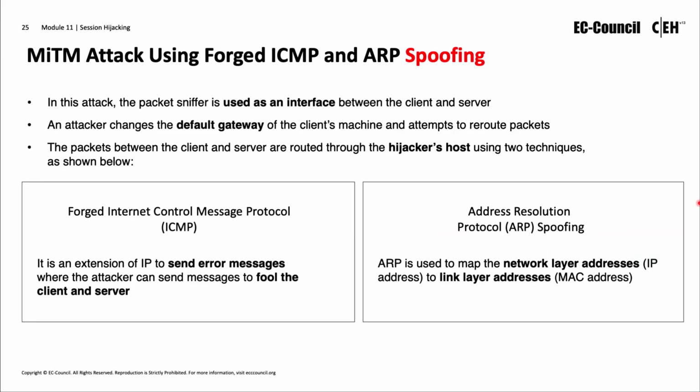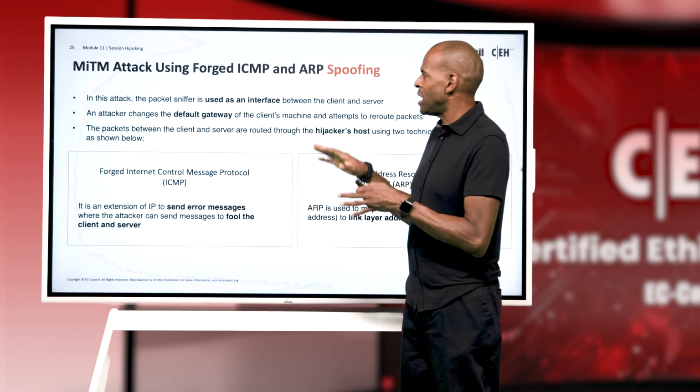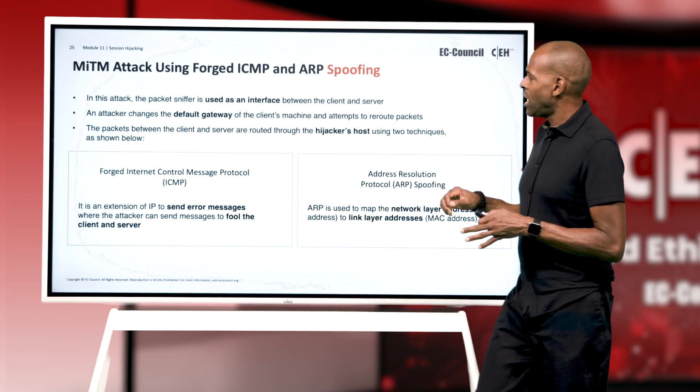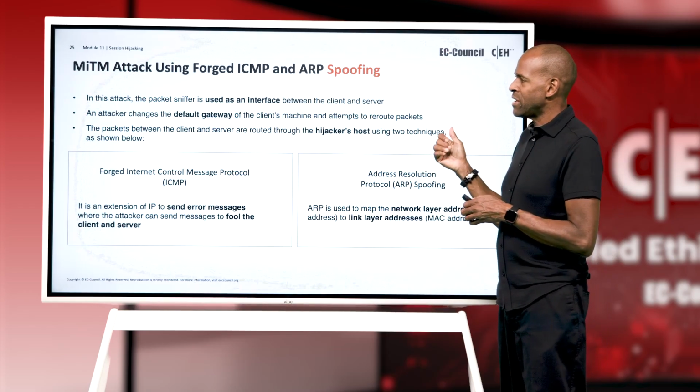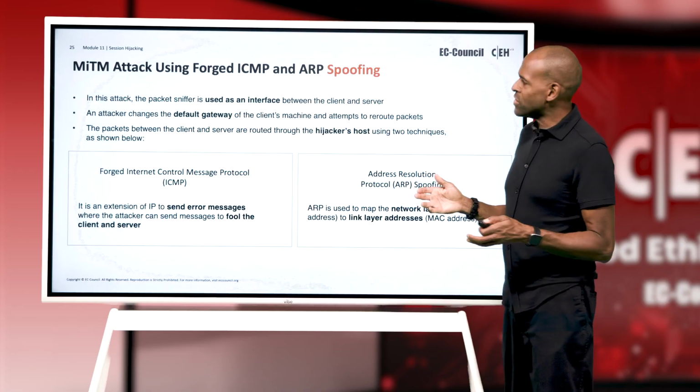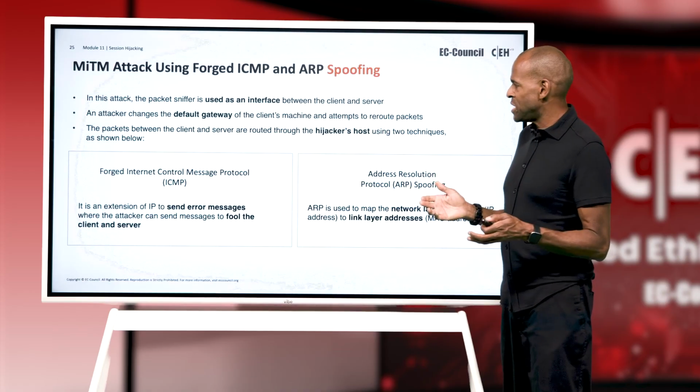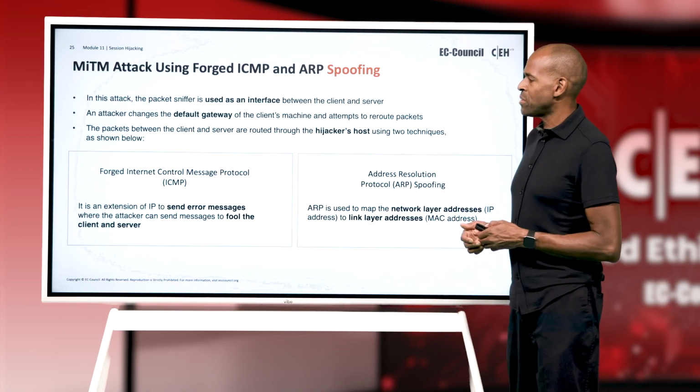All right, what about an ICMP and ARP spoof? We're going to forge those with that attack. It's a man-in-the-middle attack. One of them involves a forged Internet Control Message Protocol, or ICMP, communication. They're going to use a sniffer and make that sniffer the interface between the client and the server, changing the default gateway on the client's machine, and then try to reroute those packets.